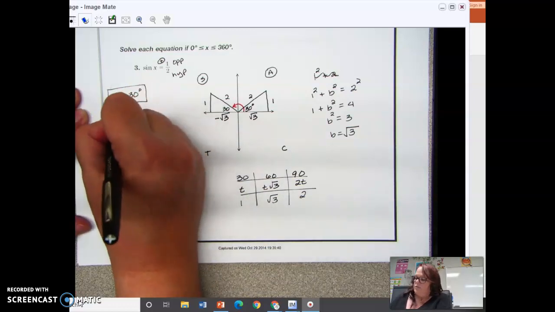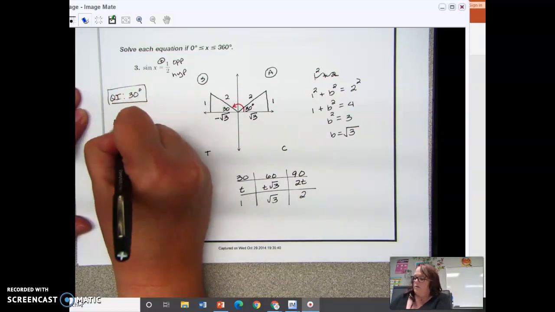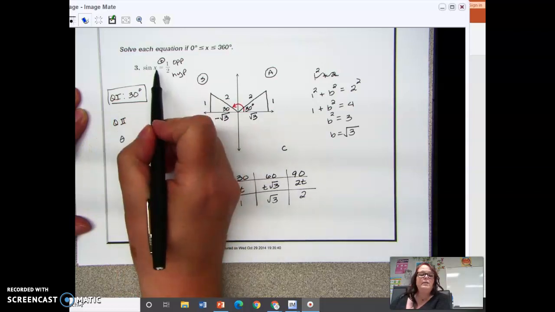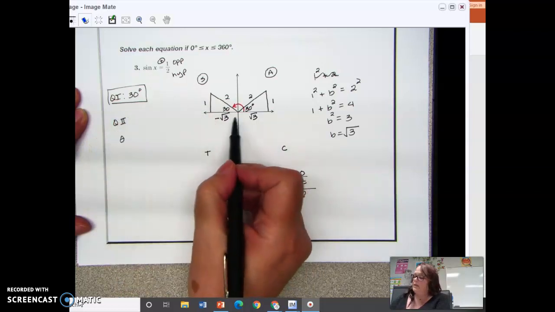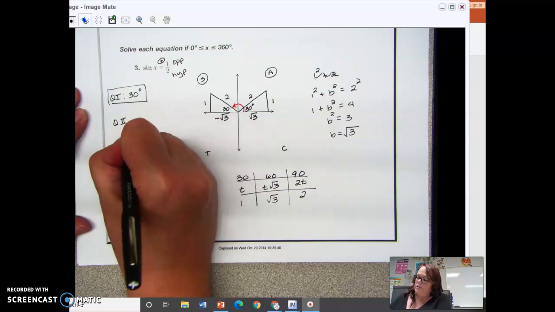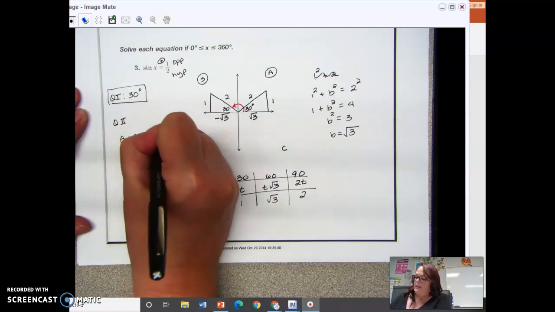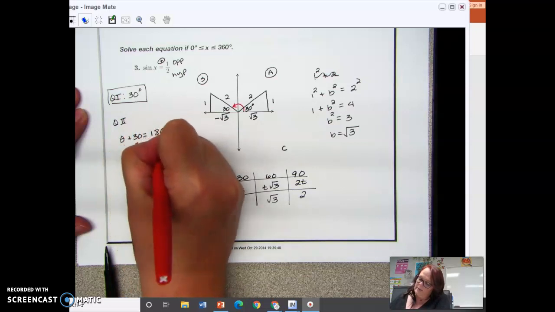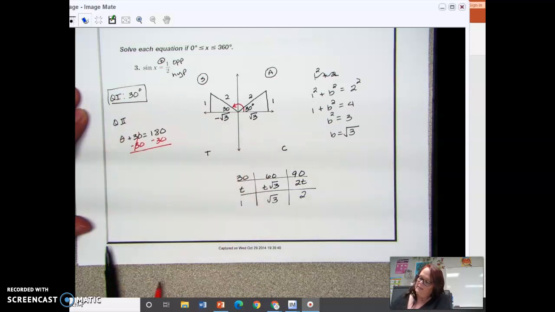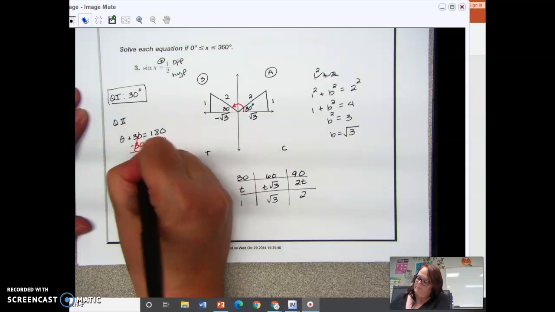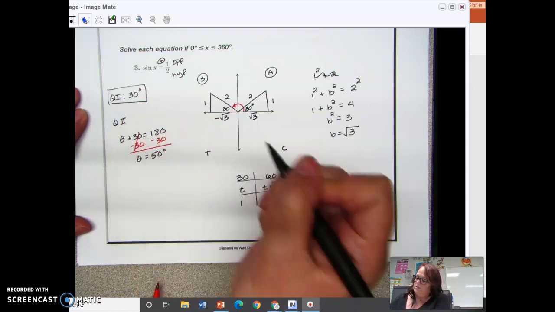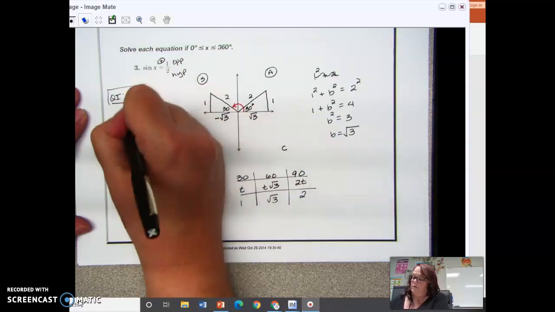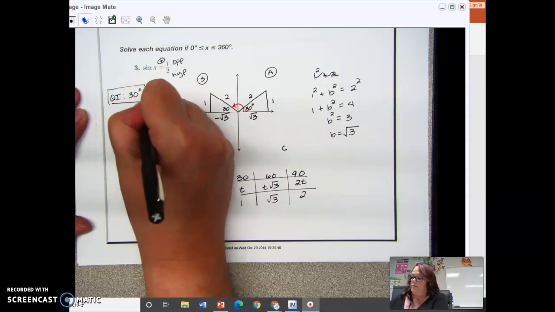So what angle measure, and again, I know this says x, but I don't want us to get confused, so I'm just going to say theta. So what theta measure plus 30 gives me 180? And so if I subtract 30 from both sides, I get theta is equal to 50. Sorry, 150, there we go. So in quadrant 2, I have 150 degrees.